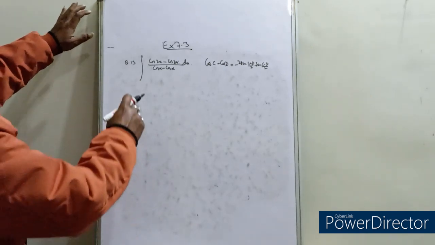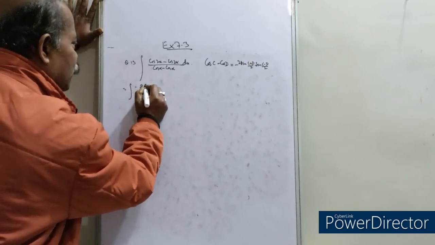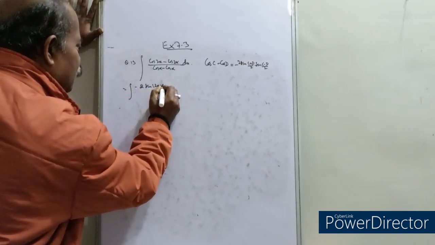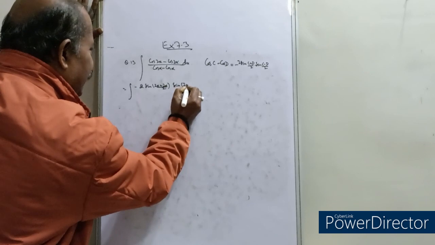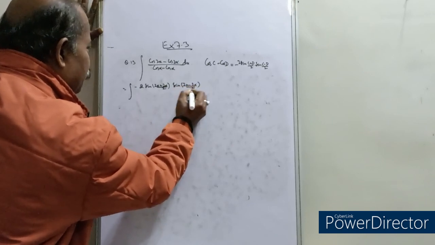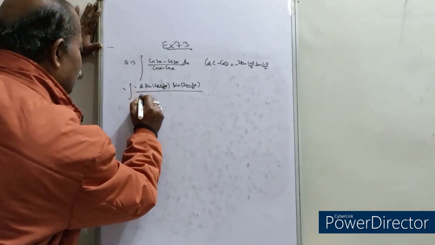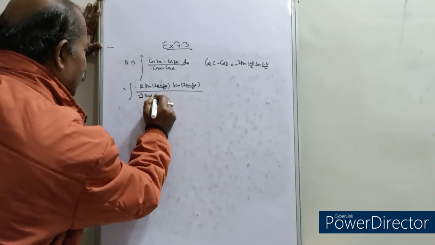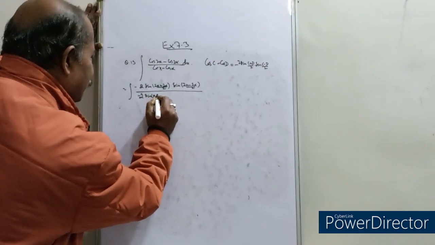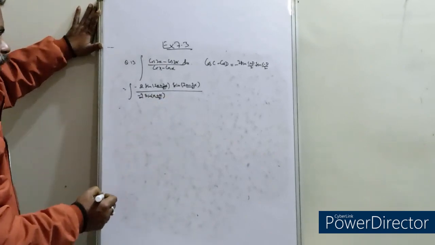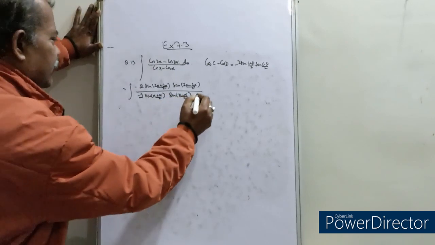So here this will be equal to the integration of minus 2 sine (2x plus 2 alpha) by 2 into sine (2x minus 2 alpha) by 2, and below also I am going to use the same formula, minus 2 sine, this is x, not alpha, x, that is sine (x plus alpha) by 2 into sine (x minus alpha) by 2 dx.